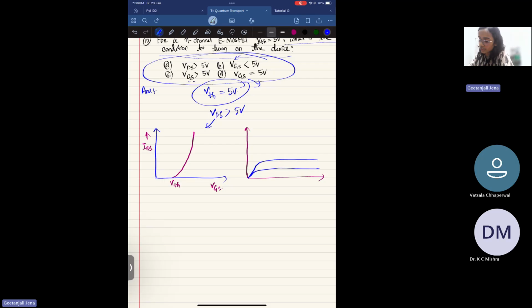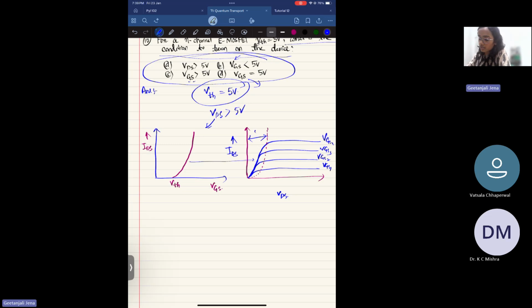For different gate voltages, we'll get plots like this. So they typically have three regions.